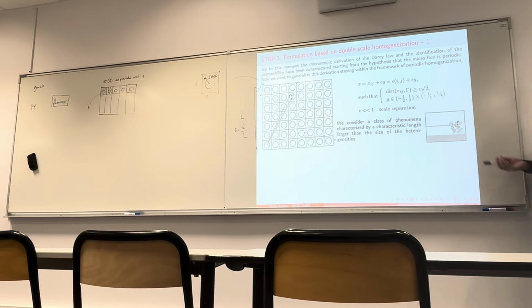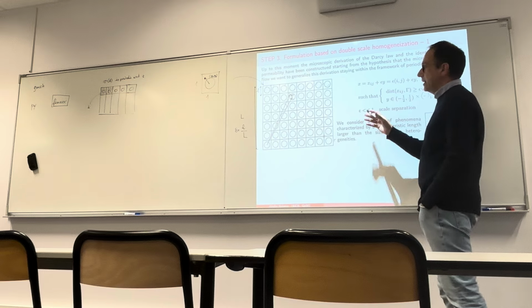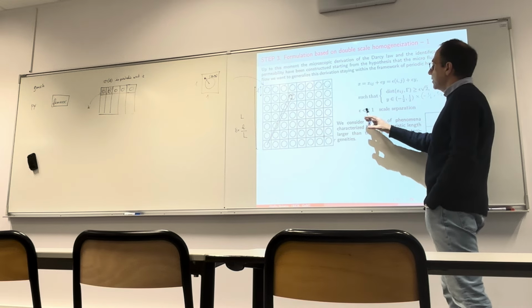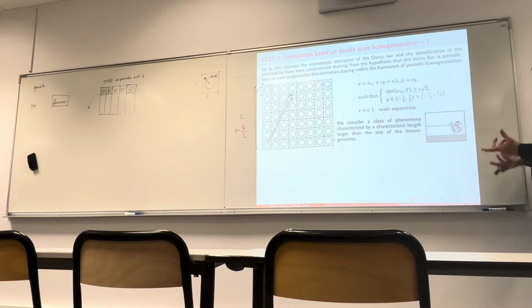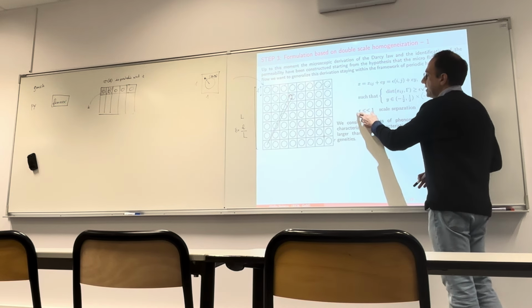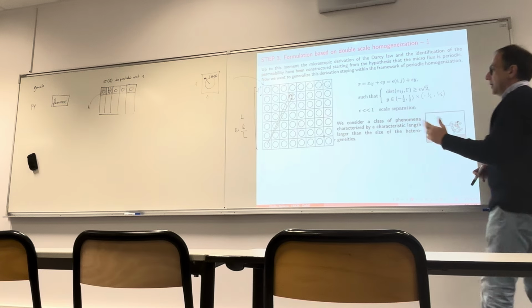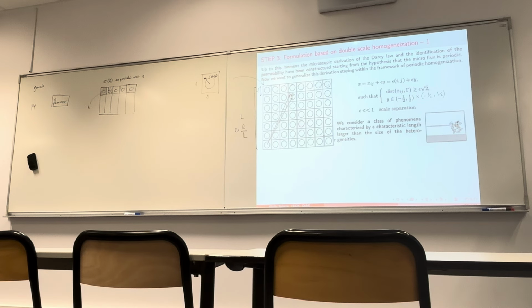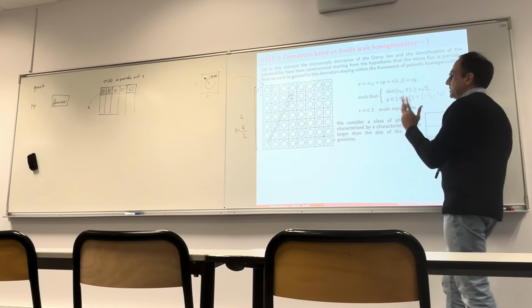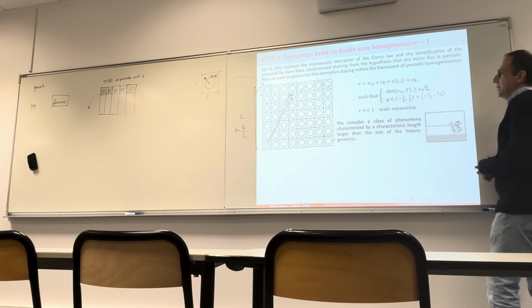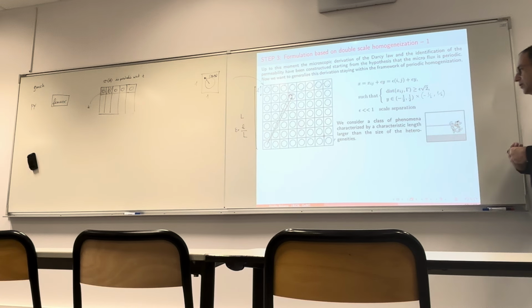And this hypothesis reduces in our case to the condition that this ratio epsilon, which is the ratio between the characteristic length of the cell and the characteristic length of the domain, is much smaller than 1. So the analysis that we are going to introduce is valid in the limit when epsilon tends to 0. Okay, epsilon much smaller than 1.